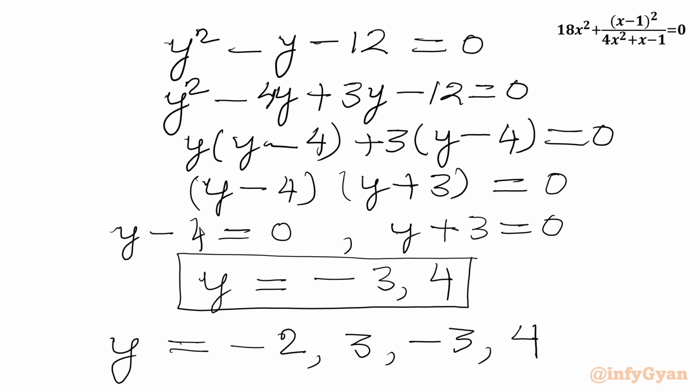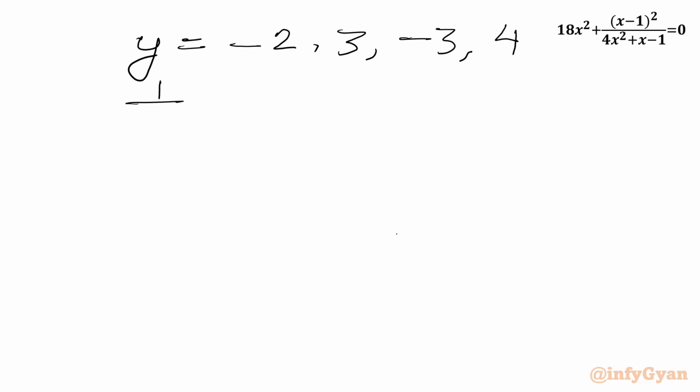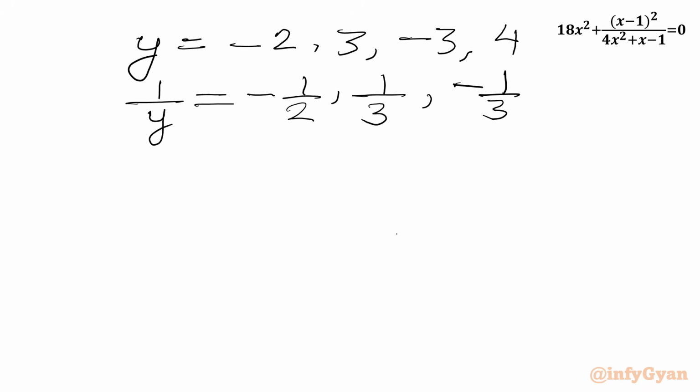But y is our substitution. 1 over x was y. So we can say 1 over y is x. Now we'll take the reciprocal. So I will write y first. y is equal to minus 2, 3, minus 3 and 4. Now we will take the reciprocal. 1 over y will become minus 1 over 2, 1 over 3, minus 1 over 3 and 1 over 4.